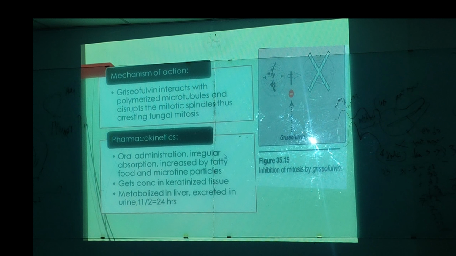It is increased by fatty foods and microfine particles. They are concentrated in keratinized tissue, metabolized in the liver, and excreted in the urine with a half-life of 24 hours.